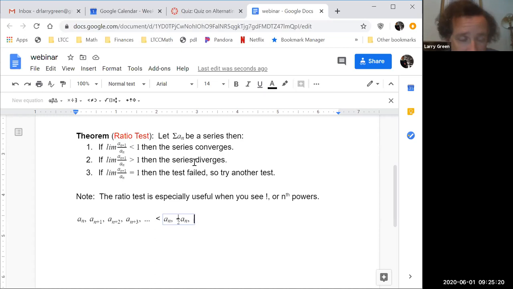Well, let's look at A sub n plus 2. A sub n plus 2 is going to be less than a half of A sub n plus 1, which is less than a fourth of A sub n.